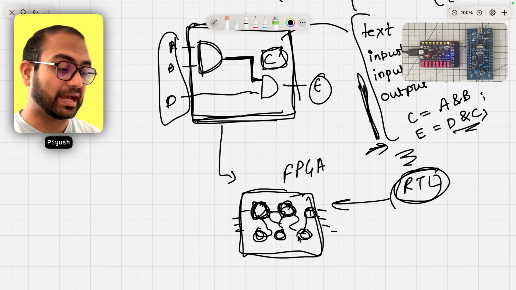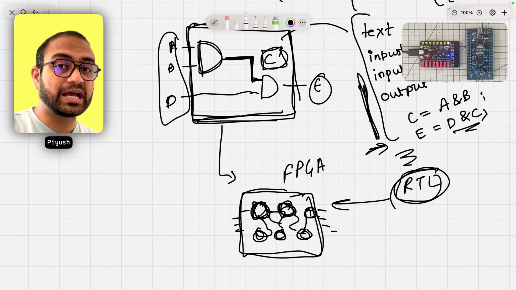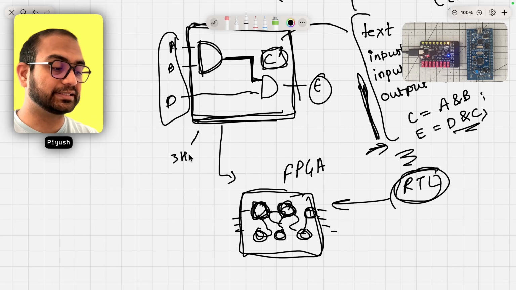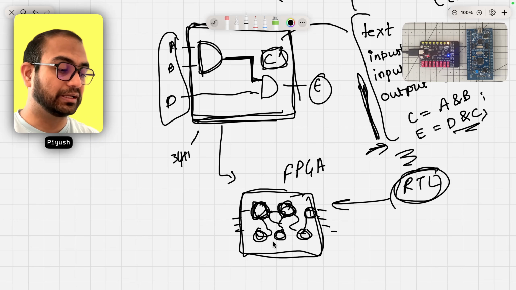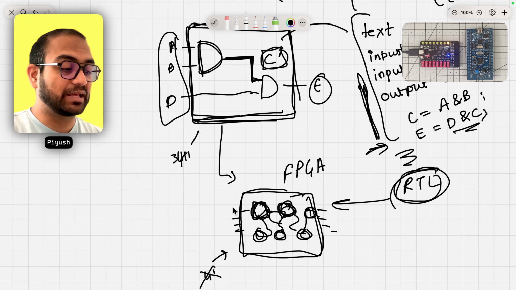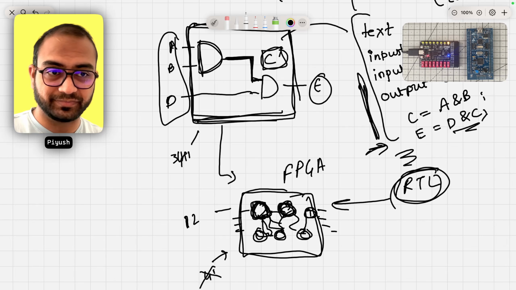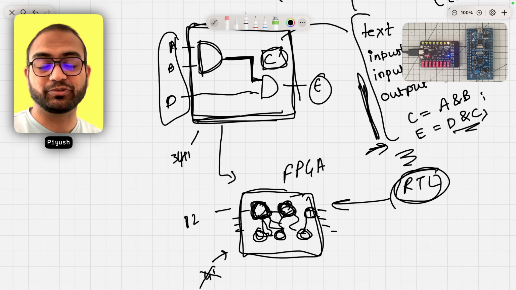This can become that. Doesn't mean that it has the performance of it. Doesn't mean that if this can be clocked at, let's say, 3 gigahertz, the FPGA can be clocked at 3 gigahertz. No, that's not correct. It can be clocked at maybe 12, because there are blocks here, the wiring is involved, and the signals take more time to arrive at a certain point.